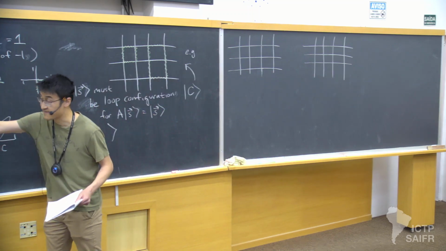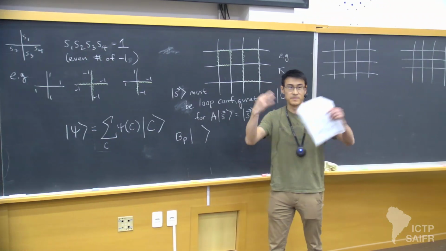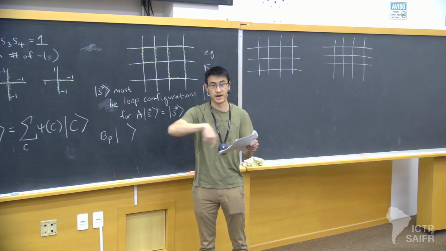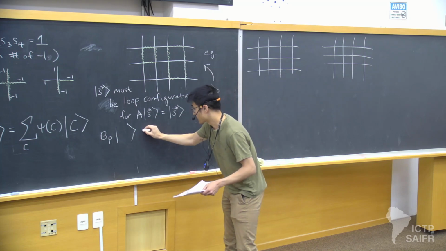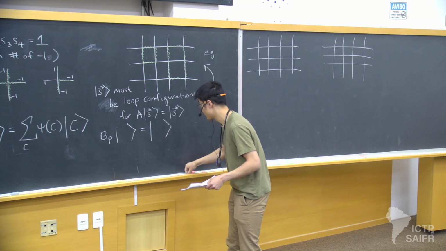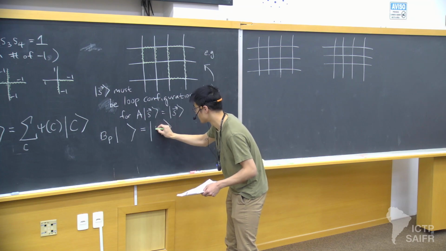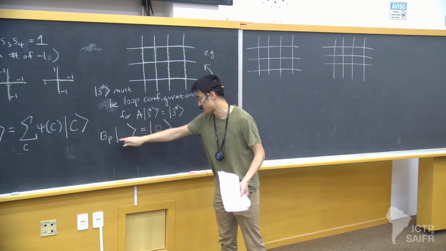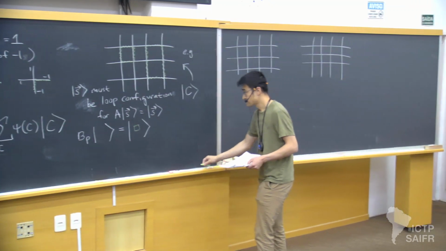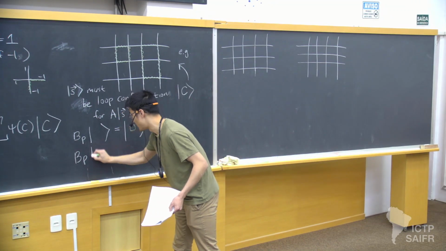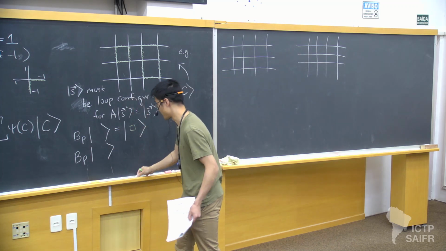BP is a product of X operators, right? So it'll just flip a bunch of spins from 1 to -1. It'll flip a plaquette from 1 to -1, right? So this will give us now a loop configuration here, at the location of the plaquette P. And then similarly, we can act with BP on a loop configuration like here.